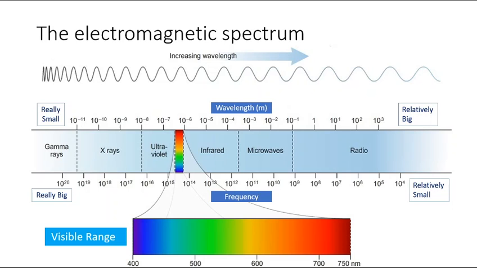One last thing I want to point out here is, as I mentioned before, you need to memorize the range when it comes to the visible spectrum. One thing you might have heard if you've ever looked at a rainbow is the term ROYGBIV. ROYGBIV is just the colors in the rainbow. So here you're associating red, orange, yellow, green, blue, indigo, and violet.